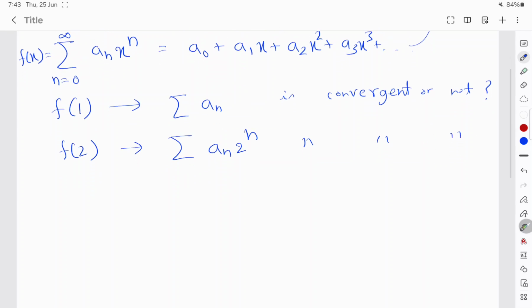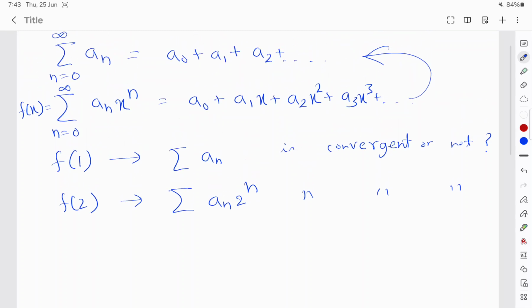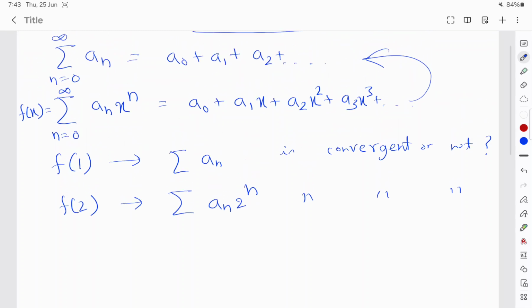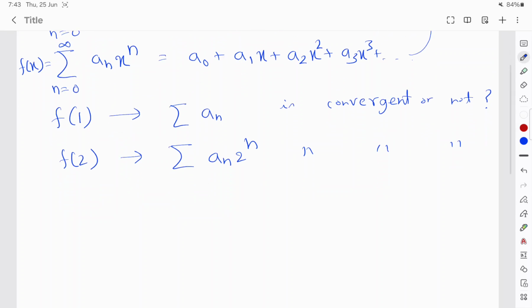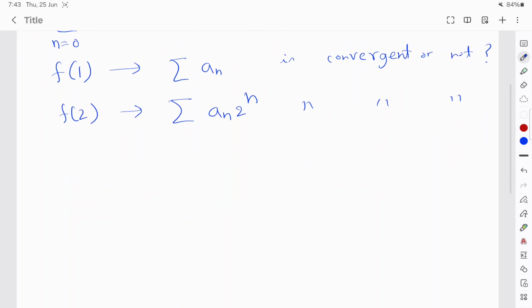Here we have to say what are the ranges of x for which this power series is convergent. So that range you have to find. That range is actually related to the radius of convergence.